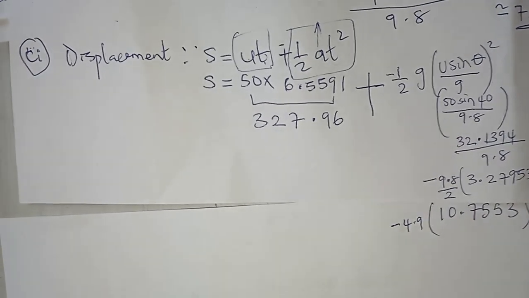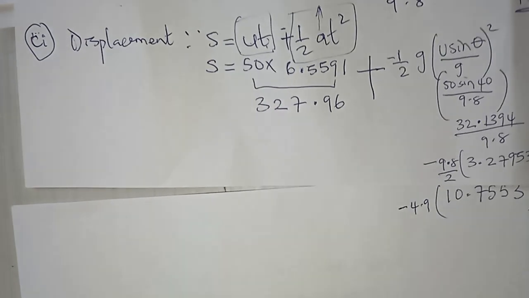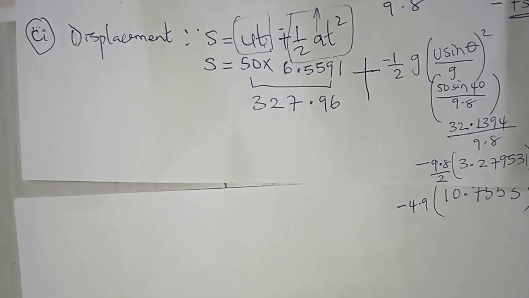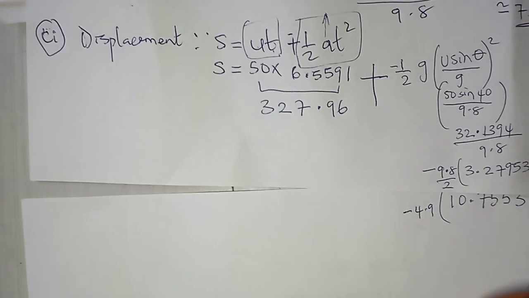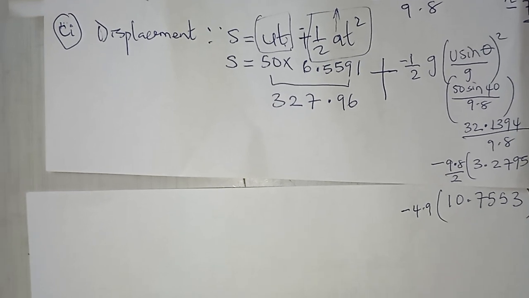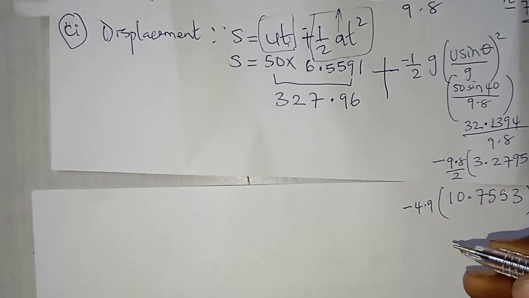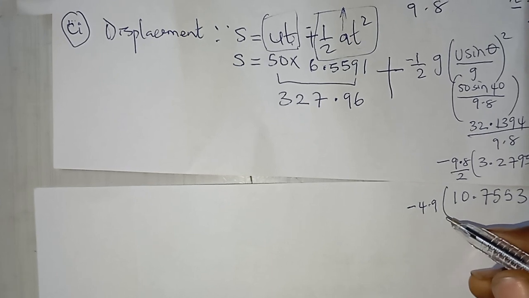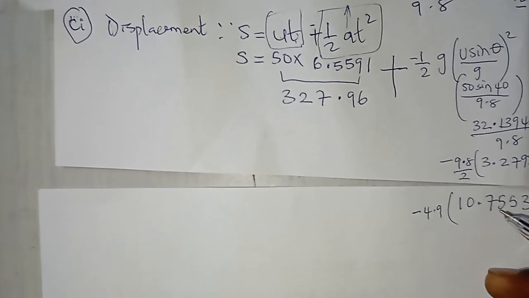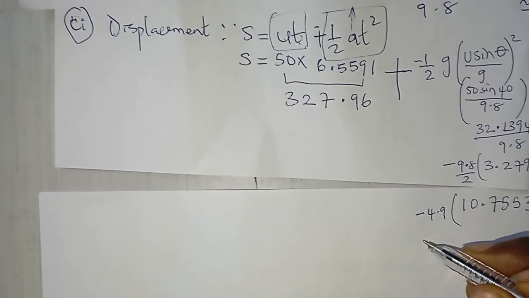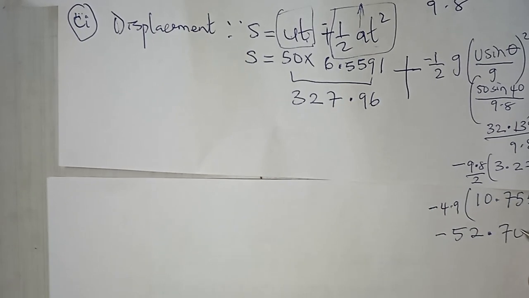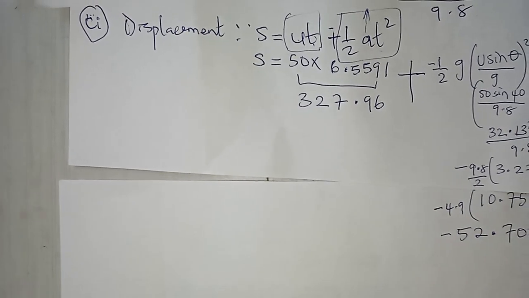So I will simply do 4.9 times 10.7553. So if I do minus 4.9 times 10.7553, I should have minus 52.797.